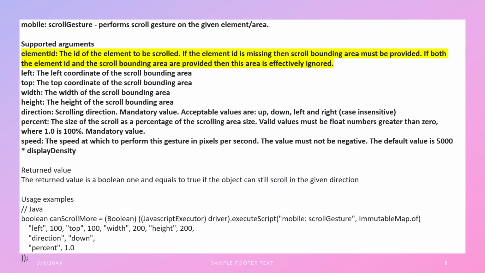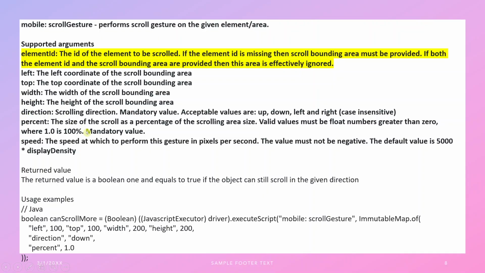Left is the left coordinate of the scroll bounding area. Top is the top coordinate, width is the width, and height is the height of the scroll bounding area. In our coming videos, we will see in depth how we can define this scroll bounding area.